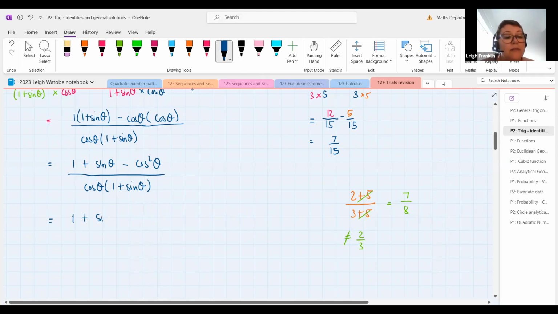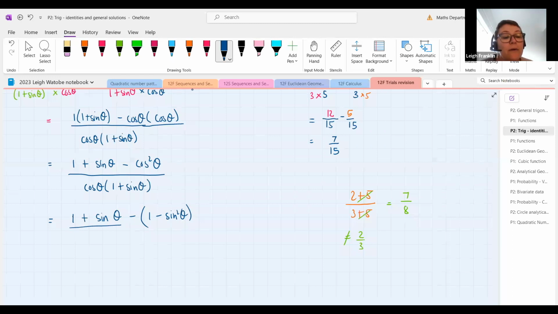1 plus sine theta minus, and then because we are substituting a binomial, I've got to remember to put it in brackets. Okay, so 1 minus sine squared theta over cos theta times 1 plus sine theta. And now I'm going to remove those brackets at the top. So that's going to give us 1 plus sine theta minus 1 plus sine squared theta.